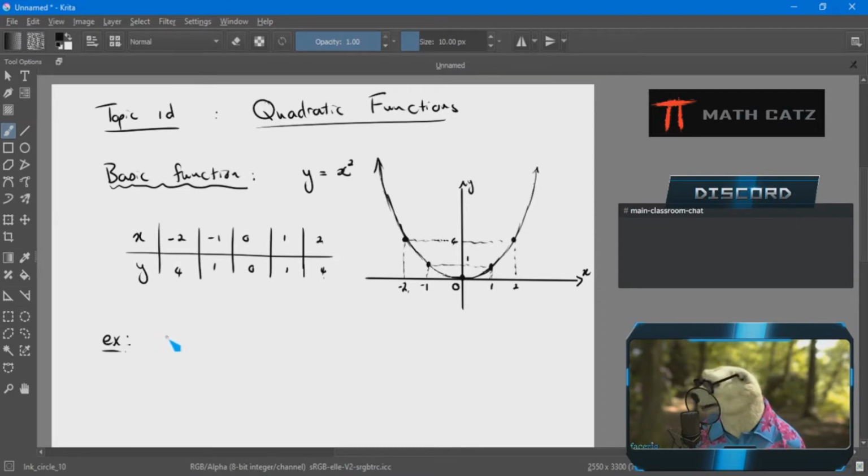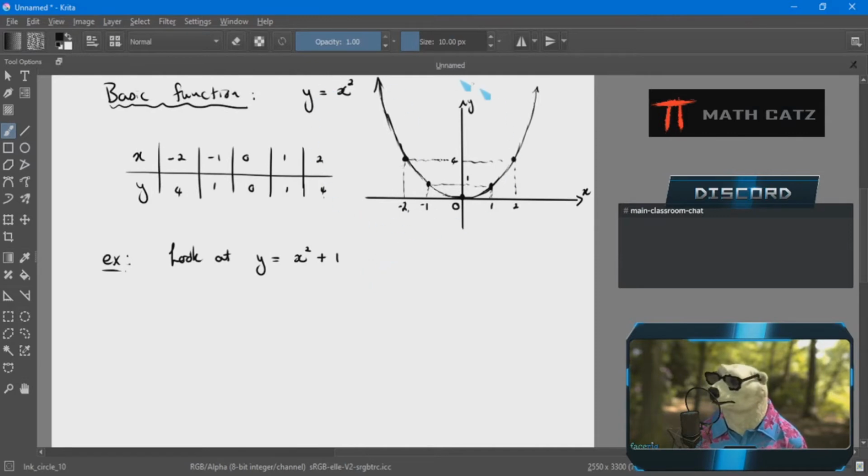Let's look at y equals x squared plus 1 and understand how I can find or build this new function from my basic function. Well, let's scroll up a little bit.